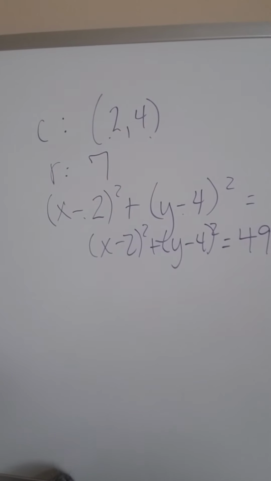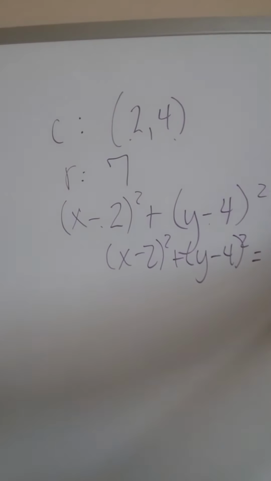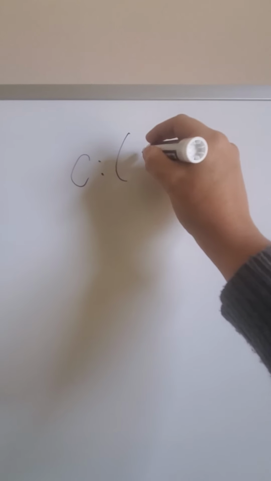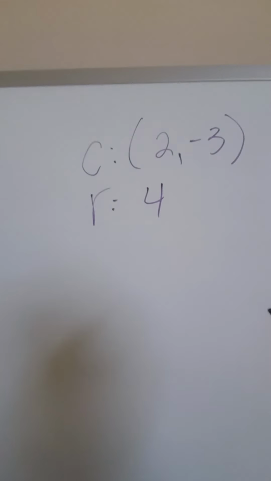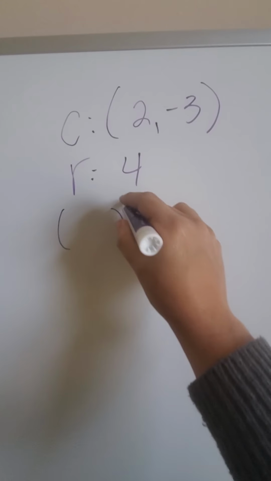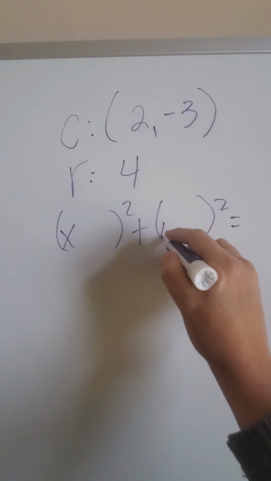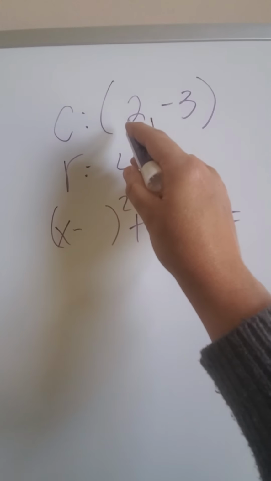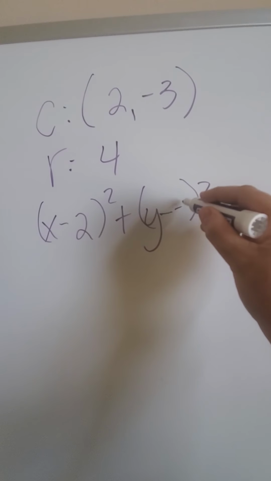So let's look at one where I make it a negative number and see what happens to my equation, okay? So let's say center 2, negative 3 and a radius of 4. Okay, so here I go again. Parentheses squared, okay? First one's x, second one's y. All right, so x minus, my x is 2. And then minus, my y this time is a negative 3.